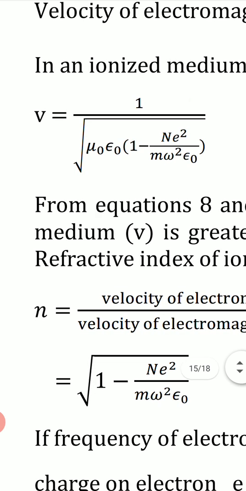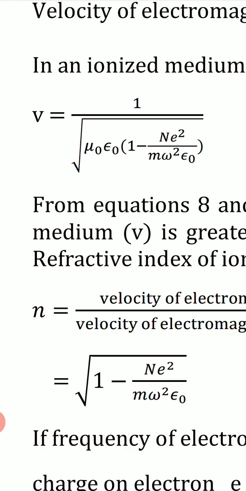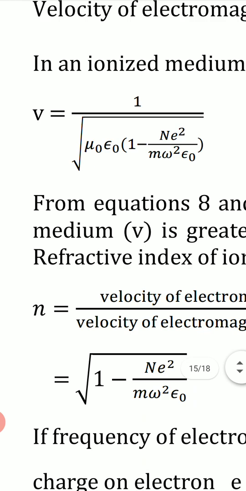This velocity V is greater than C, because C is 1 upon under root mu 0 epsilon 0 and V is 1 upon under root mu 0 epsilon 0 minus something. So in denominator we have the quantity less than under root mu 0 epsilon 0. So V is greater than C.